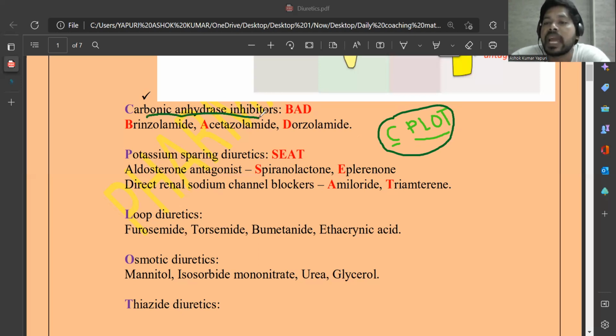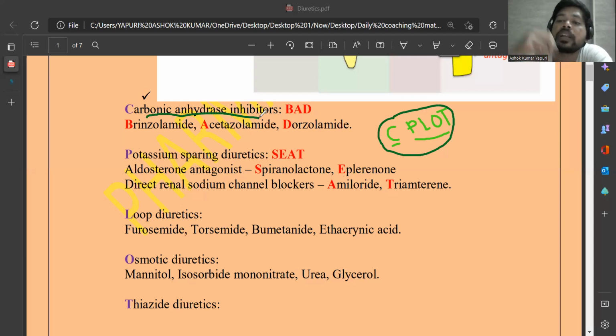Carbonic anhydrase is the enzyme responsible for the increased body fluids, especially due to the action of carbonic anhydrase enzyme. There is a reabsorption of sodium into the blood again. If sodium enters into the blood, along with sodium, water also enters.